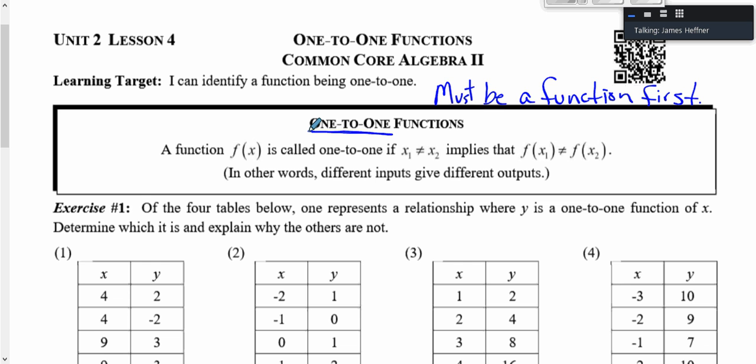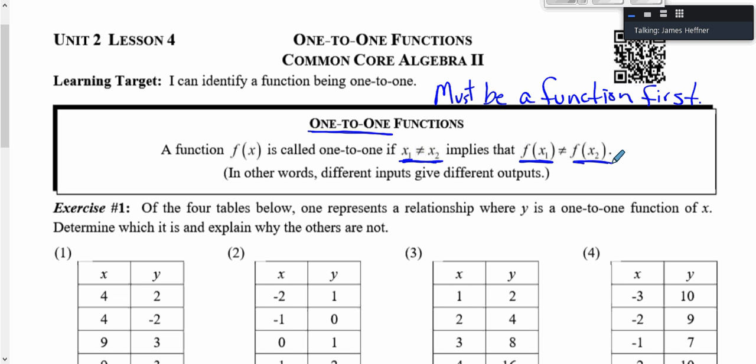So what does it say? A function is one-to-one if any given x value that is different from some other given x value also has a different y value. It could be a little confusing. Every input has a different output. So every unique x has a different output.